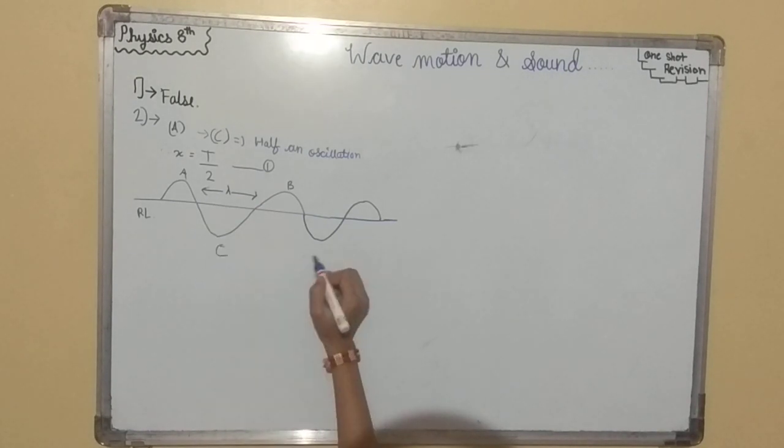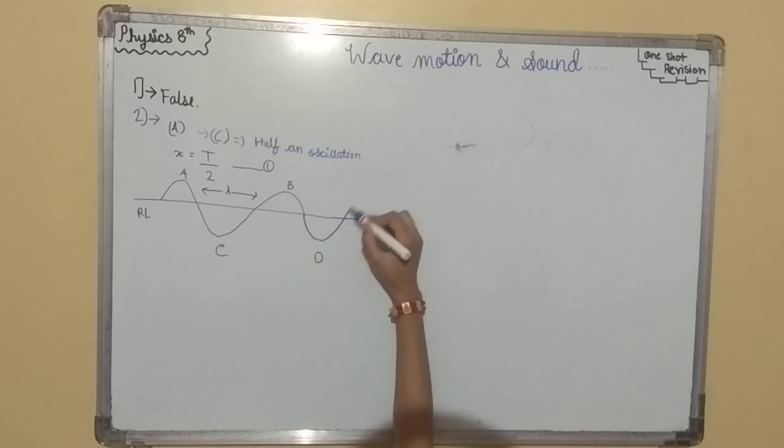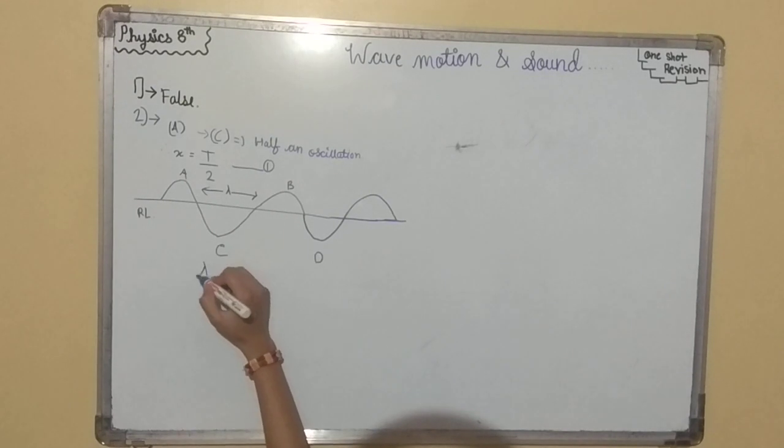This is point C and this is point D. Distance between successive crests A and B is this.